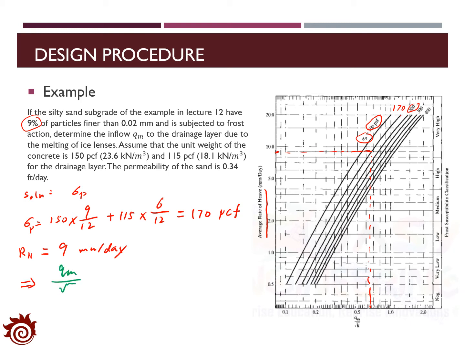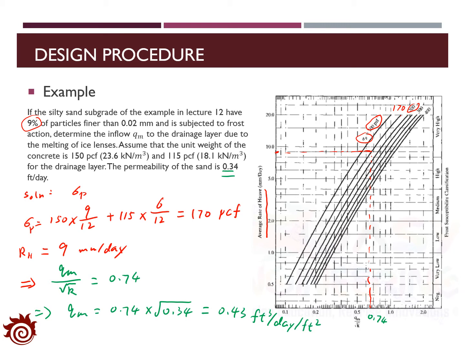That is the value here. With that, we can get Qm equal to 0.74 times the square root of k. k is the permeability, which is 0.34. So we have Qm as 0.43 feet cubed per day per feet squared. So that's the way for us to find out the inflow rate from the meltwater seepage.